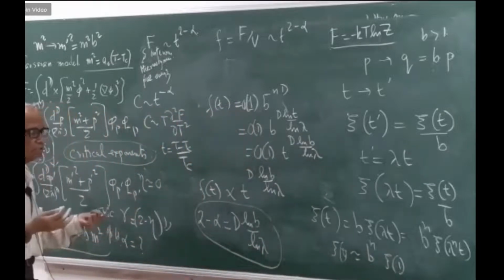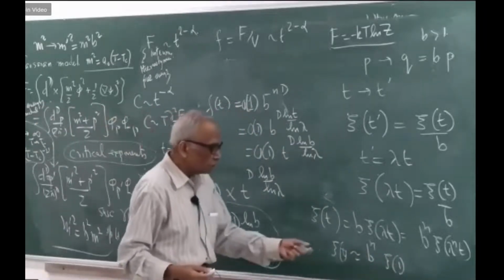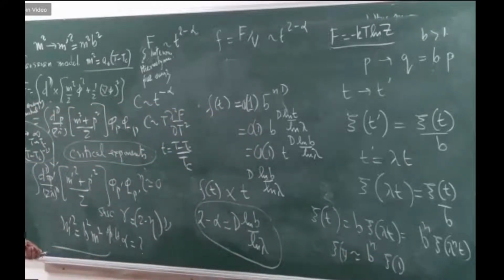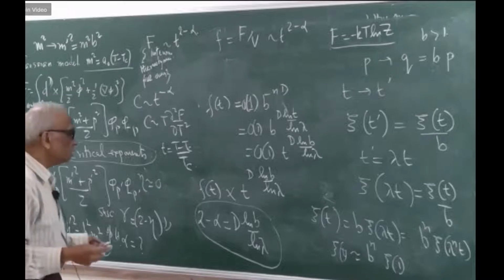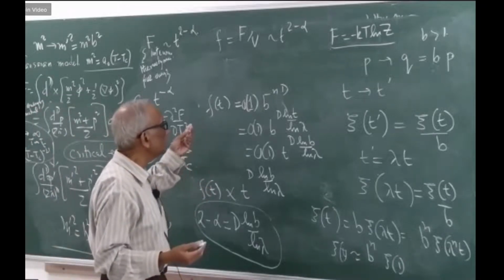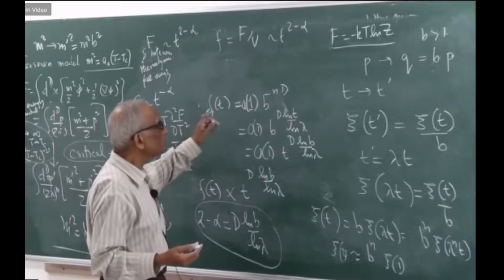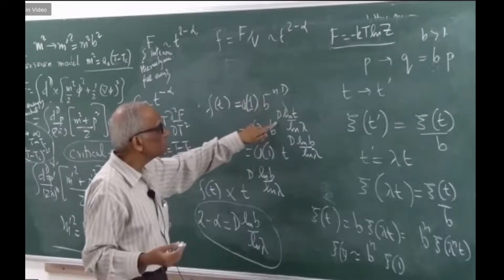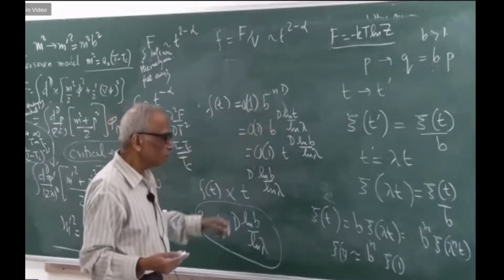So with a large number of iterations, you are going as b to the power n, where n is what we had to look for. Here it is: n is equal to minus log t over log lambda.